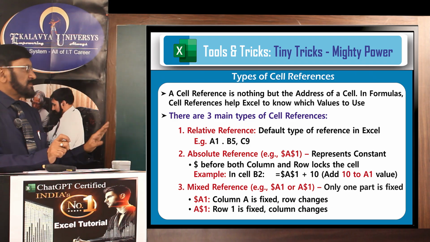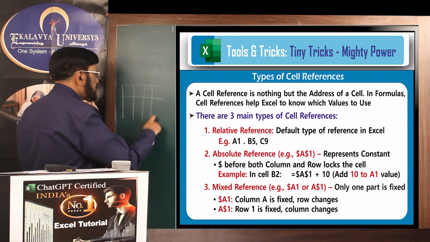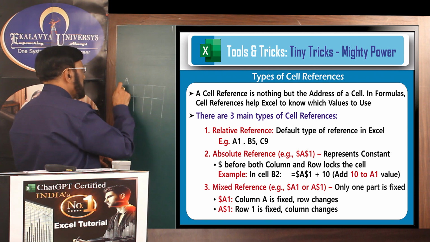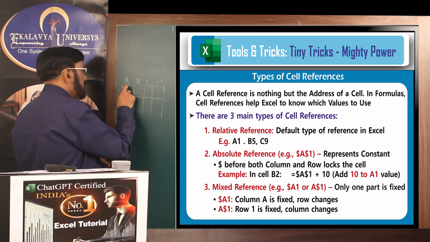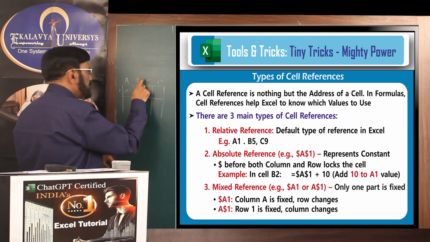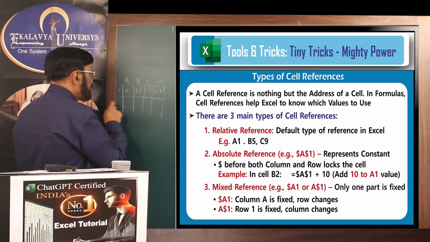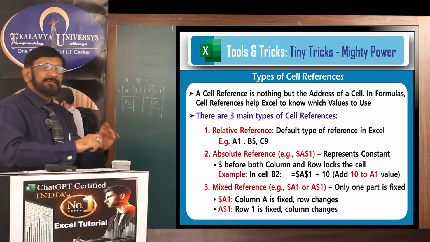What is a cell reference? An Excel sheet is divided like this into columns A, B, C, D. This is A1, this is B1, this is C1, this is D1, this is A2, this is A4. These are cell references.